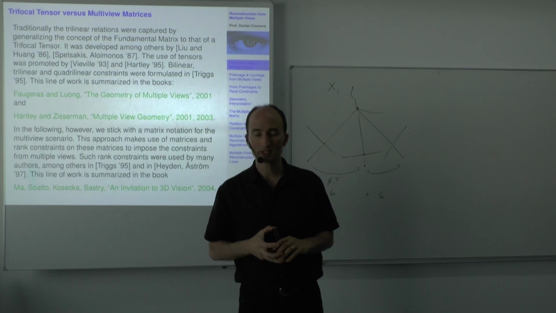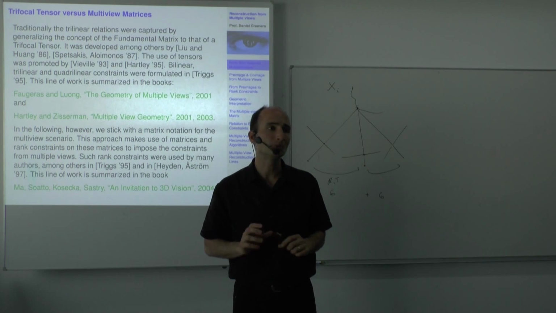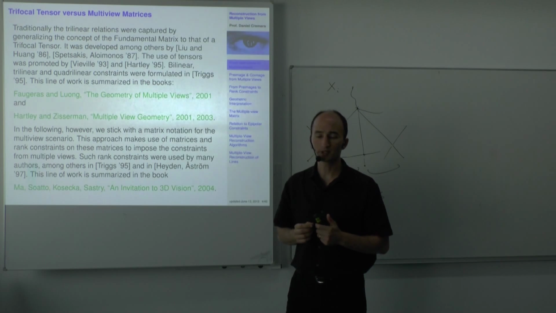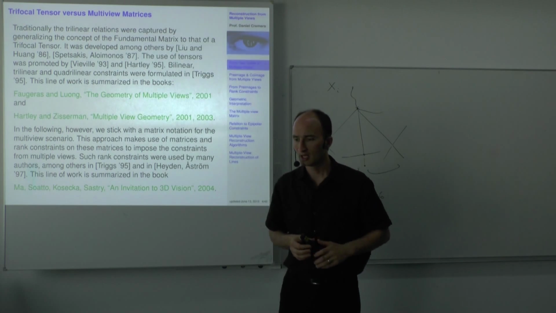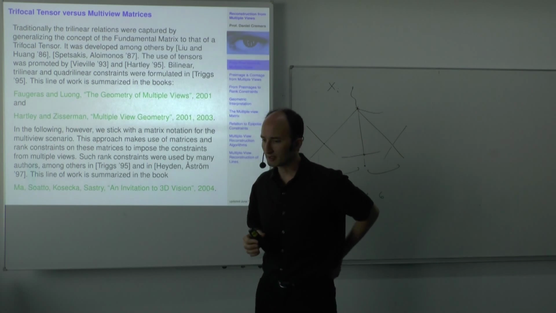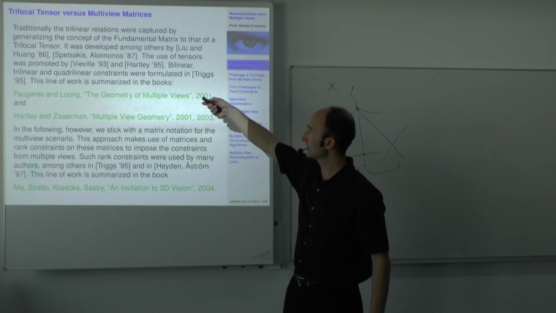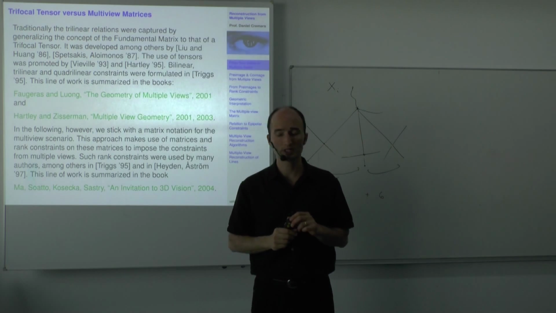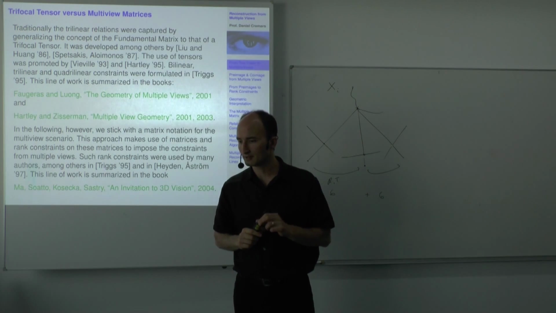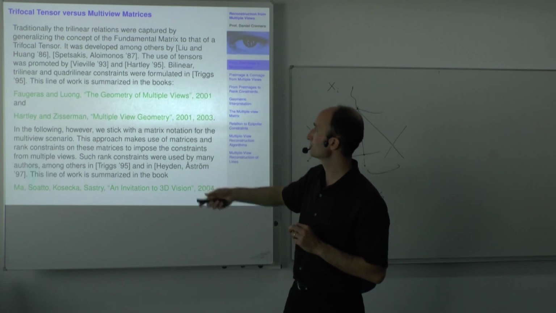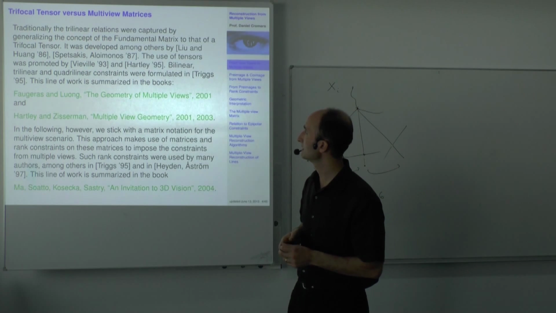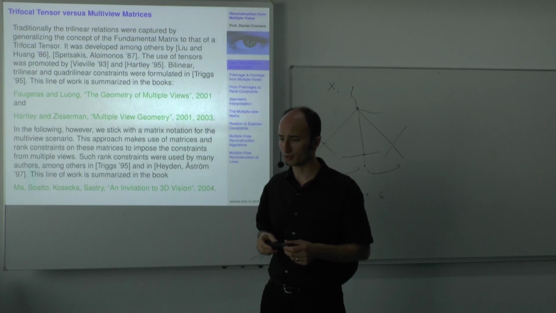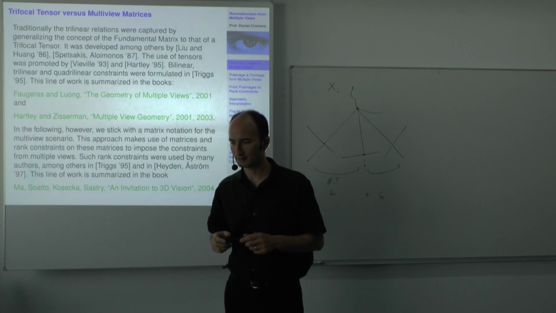There are actually two, I would say, competing approaches to how to model these relationships in three or more views. One is this more traditional approach of looking at trilinear relations among triples of images, and the use of tensors, as you can see, was promoted by Vieilleville in 93, and there were a lot of people who contributed to work in that area.